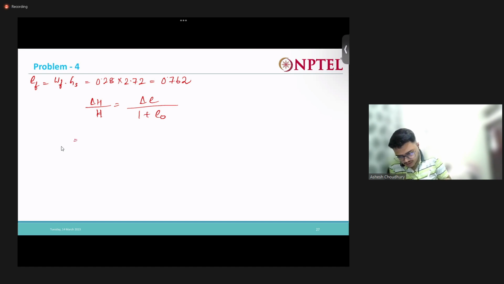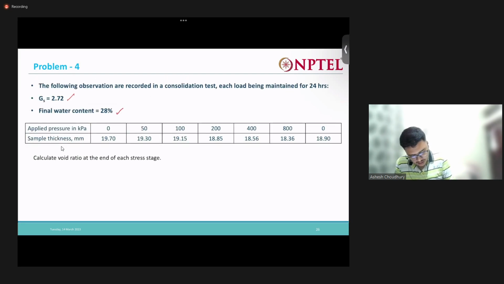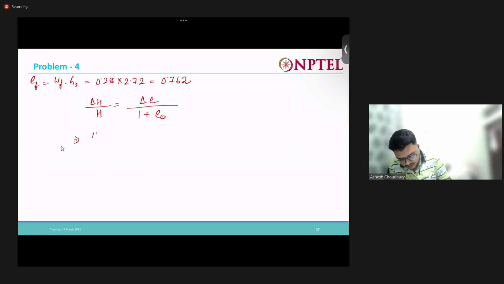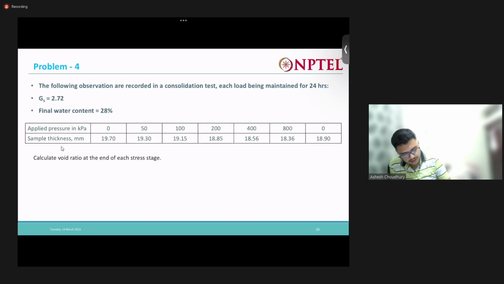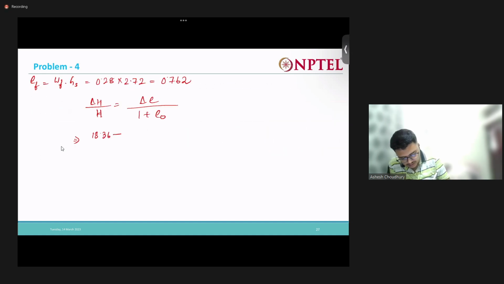Correct. So from here I will get, see, what we will do is that we will take only these two load increments. Correct. So we will make use of the last two load increments. So it will be 18.36 minus 18.90, divided by my height, which is 18.90.